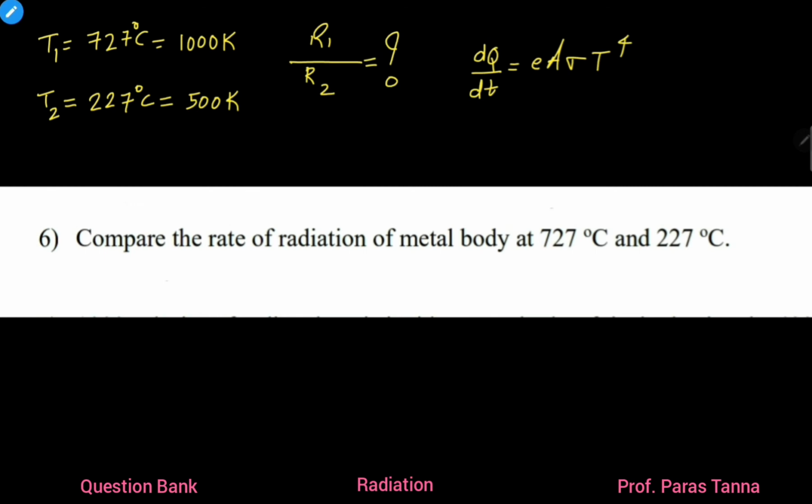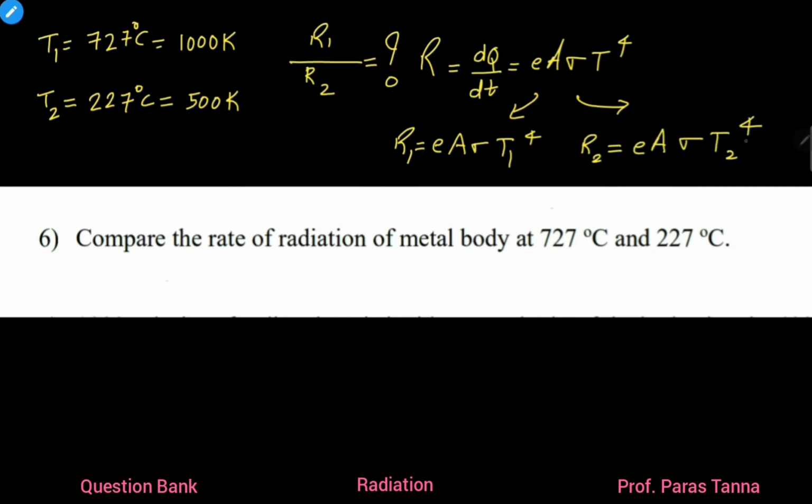Let's say this dQ by dt is denoted by capital R. Using this same formula for two different temperatures, we get R1 is equal to EAσT1 raised to 4, and R2 is equal to EAσT2 raised to 4.